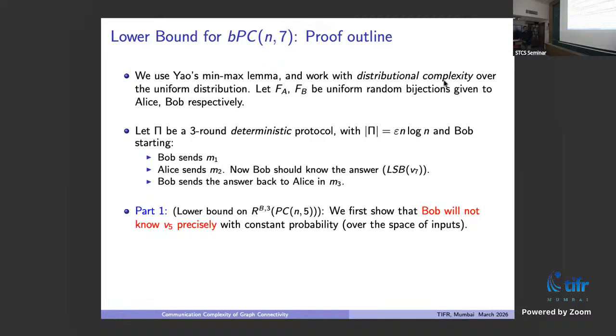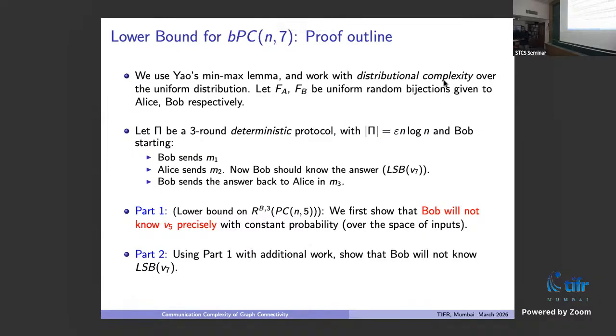The first step in the proof is to show that any randomized protocol that computes V5 completely, not just the bit version, takes omega n log n bits. And then use this with additional work to show that Bob will not know the least significant bit of V7.